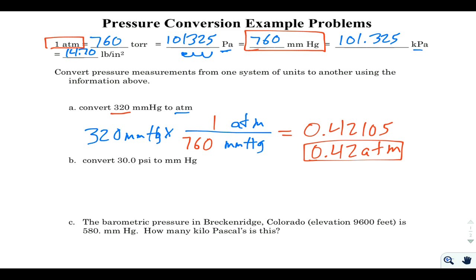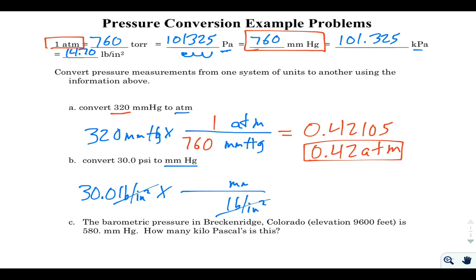So moving on to the next one, we have 30 psi, and psi stands for pounds per inch squared. So if we are going to convert from pounds per inch squared, we need that in the bottom of the fraction so that these units will cancel out with these units. At the top of the fraction, right, we're going to millimeters of mercury.